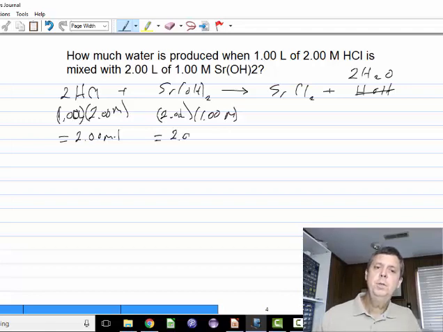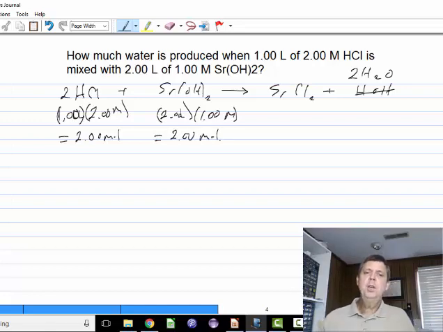So we have 2.00 moles of strontium hydroxide. So hopefully that gets you started here with solutions. Like I said earlier in the chapter on stoichiometry, always go to moles first. In this case, we have solutions, we have volume, we have concentration. We can figure out moles. So go to moles and just treat this like a regular stoichiometry reaction.